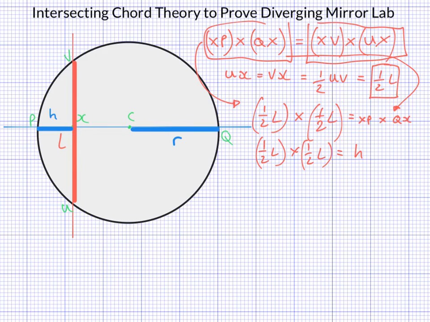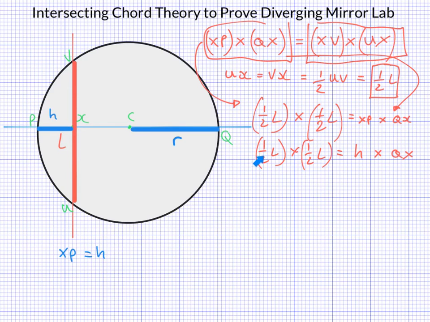I'd said that this part here, this P to X, is going to be the equivalent of H. So I'm going to bring that in here and restate it: XP is equal to H. There's my H, and of course it's still going to be multiplied by QX.